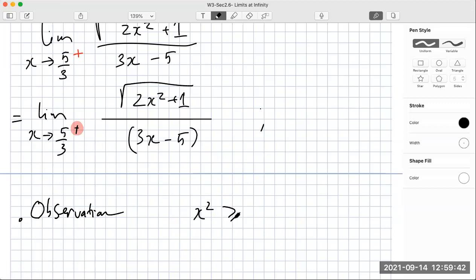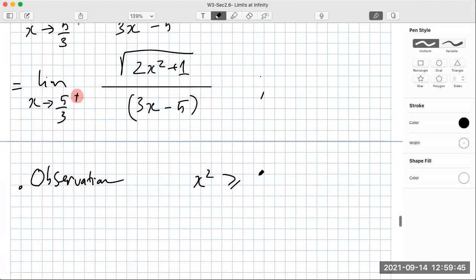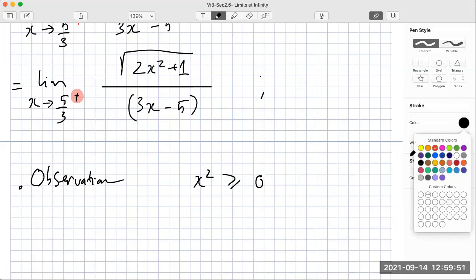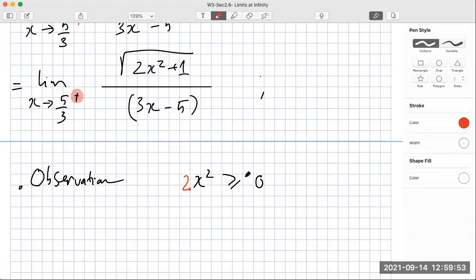X squared is always larger or equal to, yes, then 2x squared will always be larger or equal to? Yes. And then, therefore, 2x squared plus 1 is always larger or equal to? Yeah, 0 is still okay. But this is a better estimation, right?